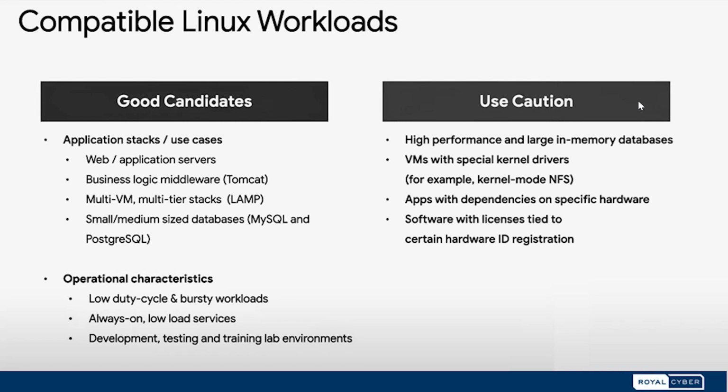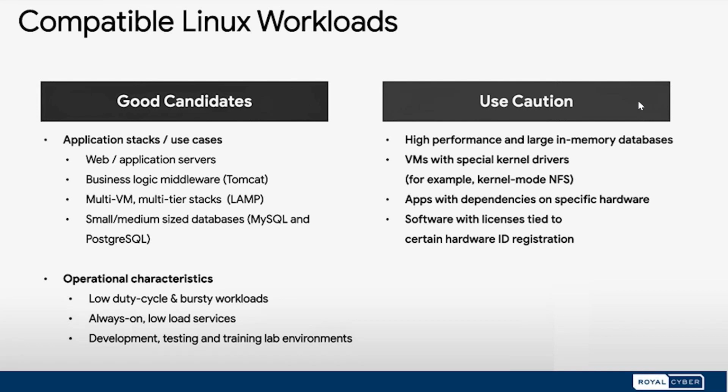So in short, 90 to 95% of typical Linux workloads can easily be migrated and modernized through Migrate for Anthos. This specific demo is going to focus on Linux workloads, but Migrate for Anthos also has the capability to migrate Windows-specific workloads. The things for which we have to be a little bit cautious are high-performance and large in-memory databases.